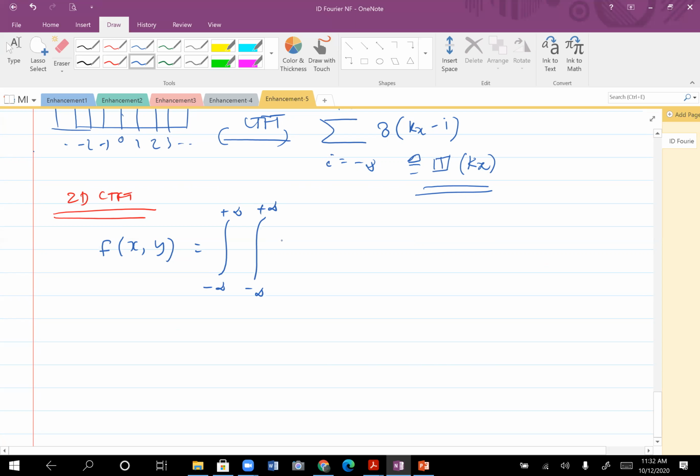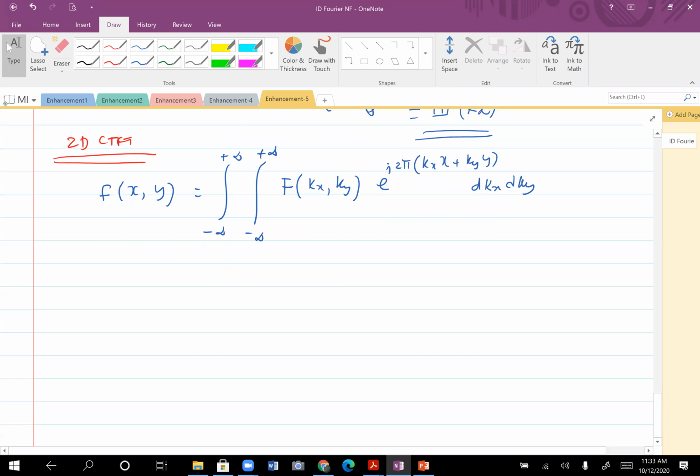What should I have inside? F of kx comma ky multiplied with exponential of j2 pi times kx x plus ky y, integrated with respect to dkx dky. Very good.